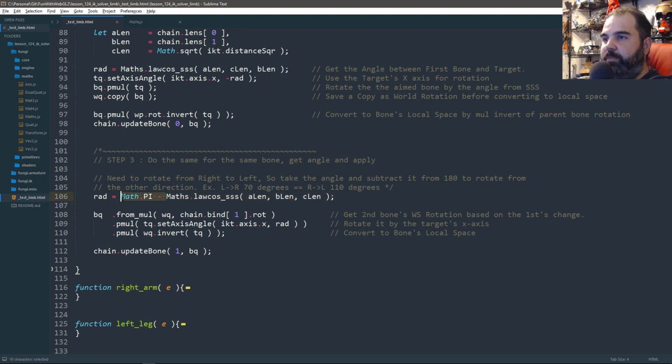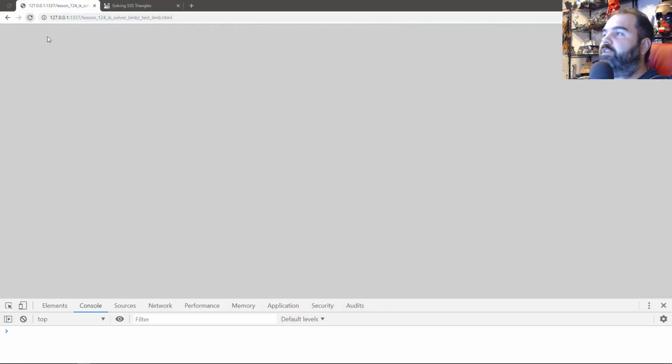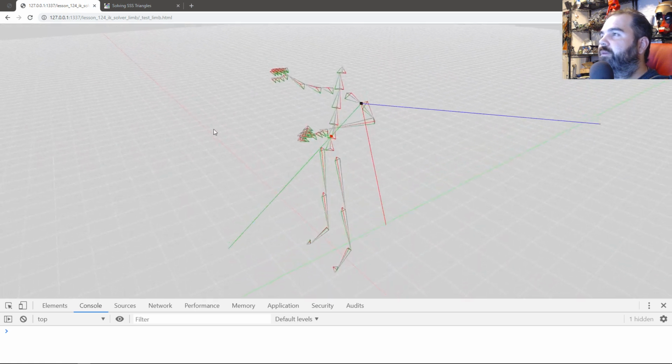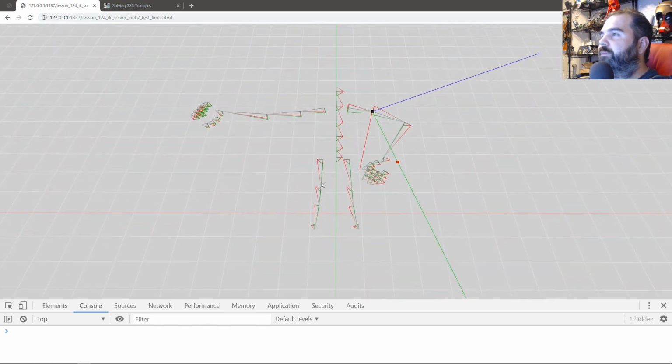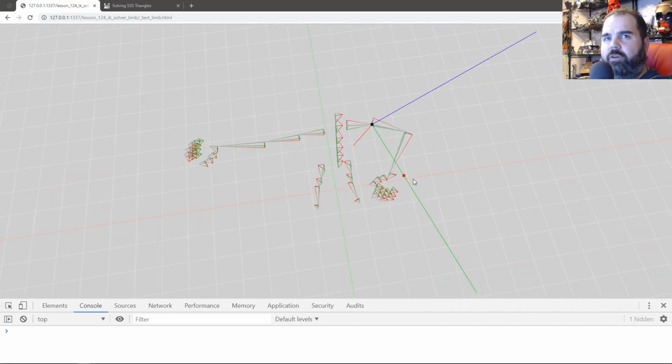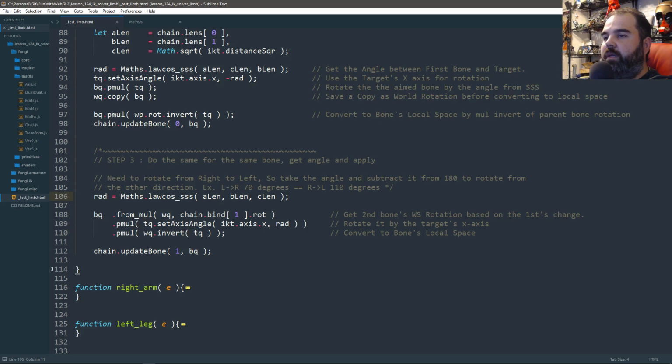Let me take this part out. Now, when this generates it, it does generate the correct angle in theory for that specific triangle. Refresh. All right, and it's not perfect. Like it looks off. You're like, wait, what the hell's going on?